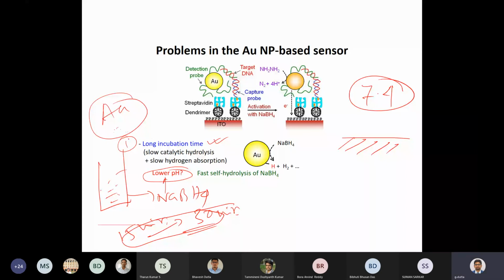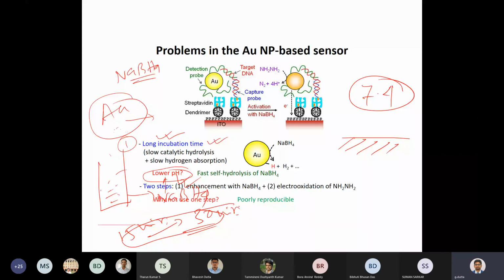But acidic pH can be a problem. So for the gold case, those are the two problems when using sodium borohydride: first, longer incubation, second, the lower pH. Okay, so how can we avoid this step?